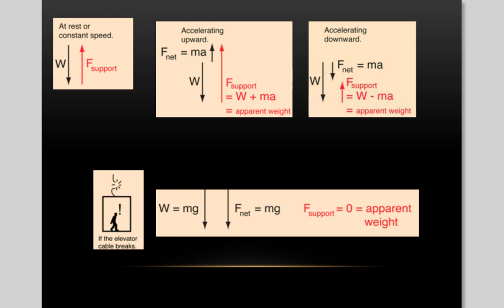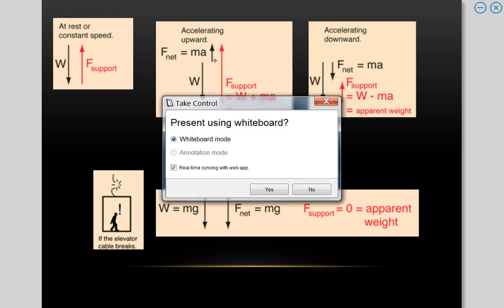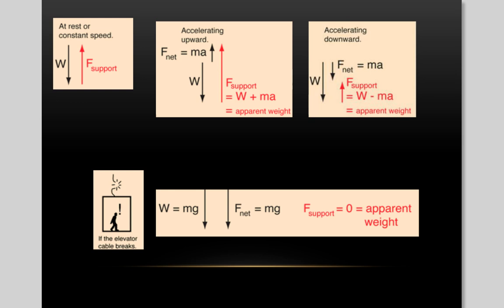See that little black arrow? That's F net. It's that simple. Geometrically, it's that simple. It's just a difference. And of course, the leftover force, the net force, is up. So if the net force is up, it's going to accelerate up. You always accelerate in the direction of the net force.